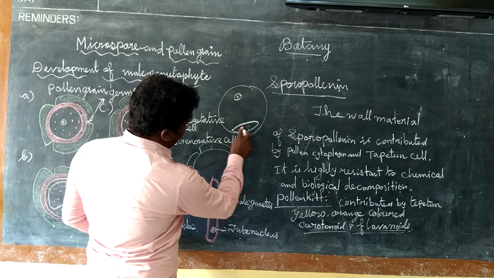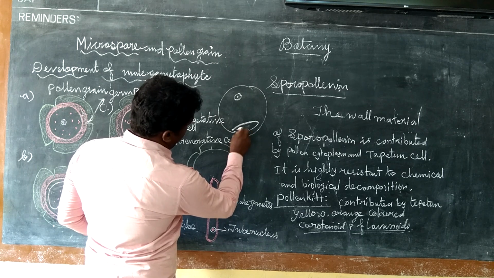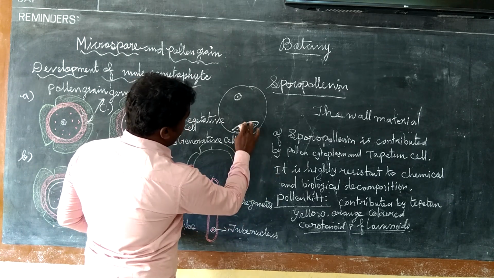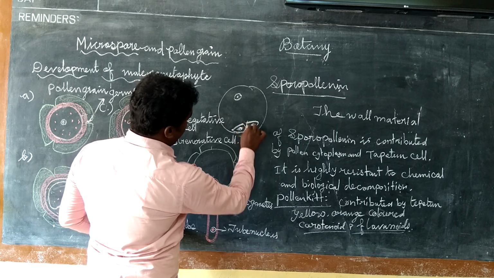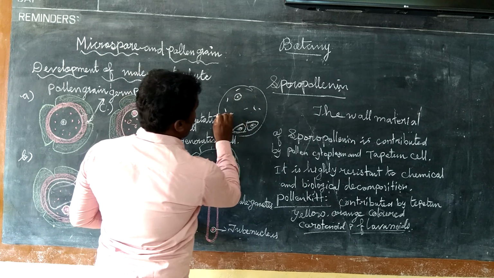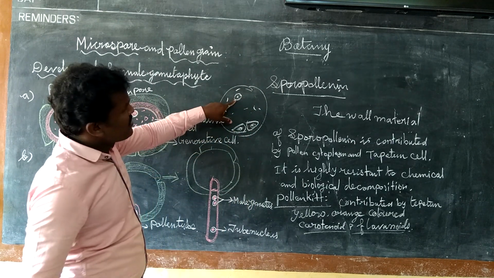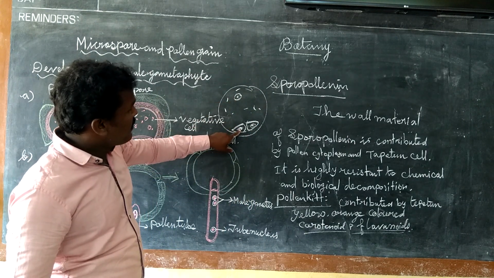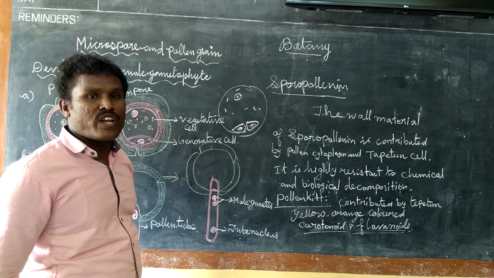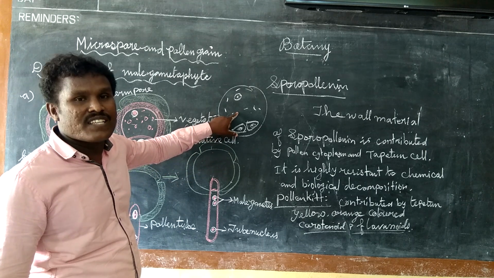As a result, two nuclei are separated. Then cleavage of the cells happens like this. Now look here. This is called a three-celled stage. So this is one tube nucleus, and two male gametes also develop within the microsporangium.